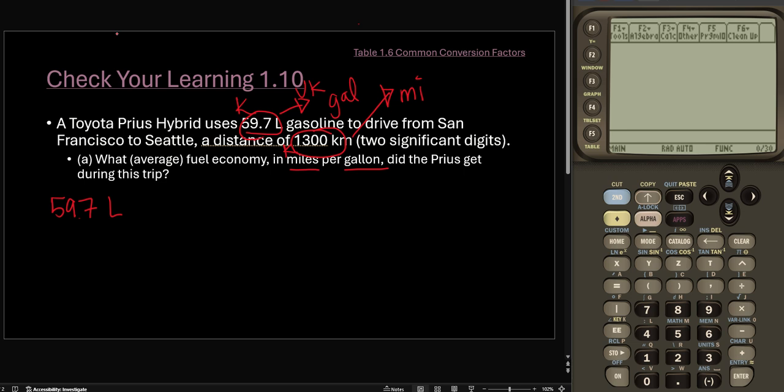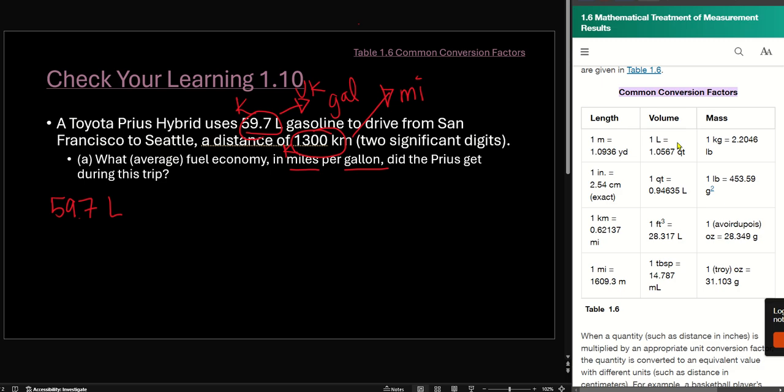Okay, so 59.7 liters of gas. How do we get to gallons? That is where, like I said, our conversion factors really come in handy. There may be several ways you can go about this. If I'm just happening to choose something different from you, that's okay, as long as you end up getting to where you need. So I'm going to use what's here, which is 1 liter to quarts.